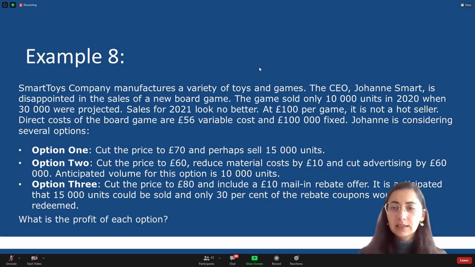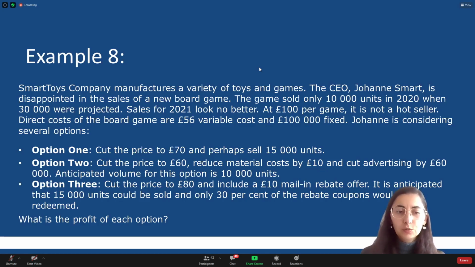And Johan is considering several options. So the first option is to cut the price to 70. So instead of selling at 100, to sell at 70 and perhaps sell 15,000 units. Option 2 is to cut the price to 60, reduce the material costs by 10, and cut advertising costs by 60,000.